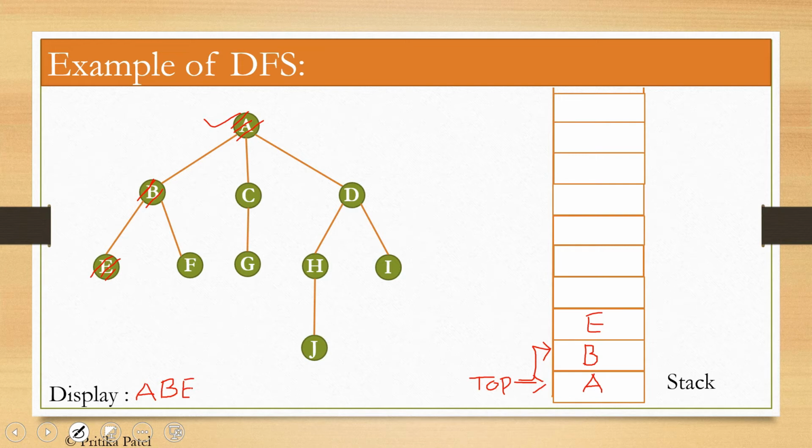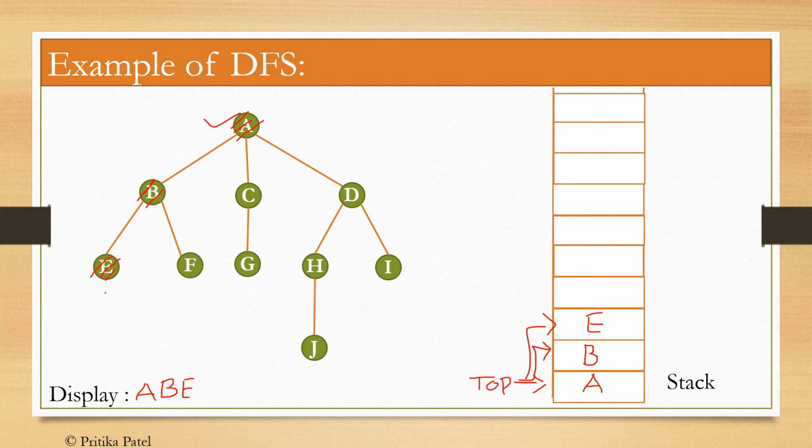Now again E has become the top of the stack. So again check rule number 2, the topmost element of the stack, that is E. Now check whether E has any adjacent unvisited vertex. Here no vertex is there.